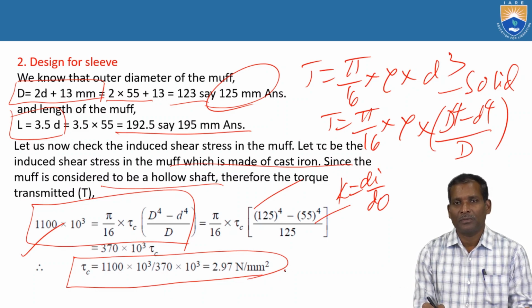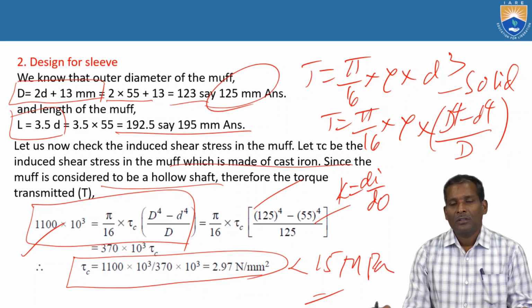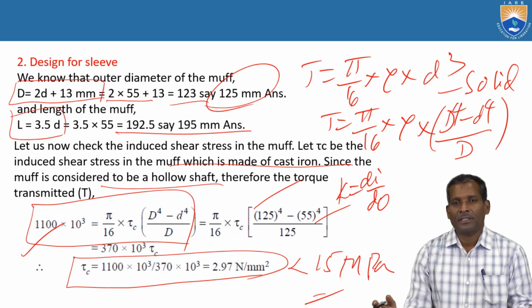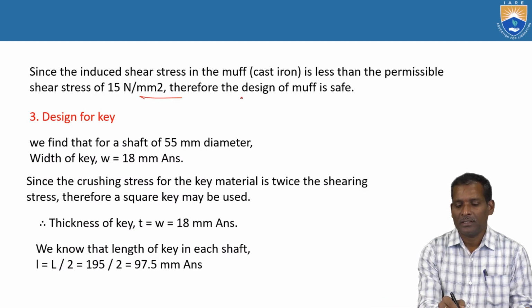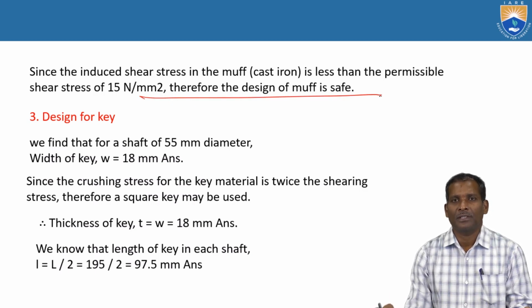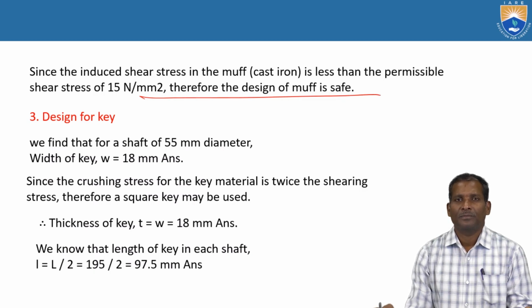This value is less than 15 megapascal, so you can say the above design is safe. The induced shear stress in the muff is less than the permissible stress, therefore the design of the muff is safe.